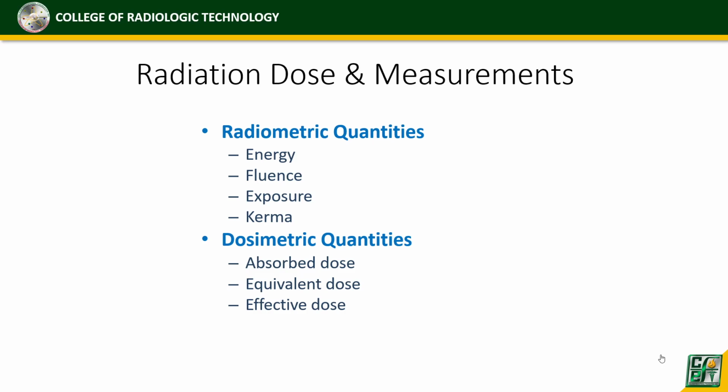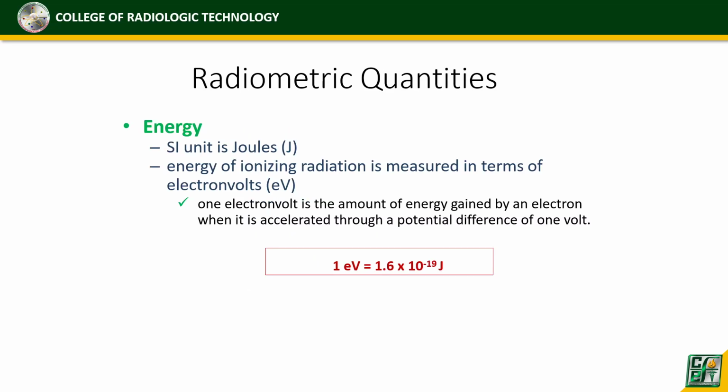Okay, ano yung fluence? Well, we will see in the following slide. Okay. So first of the radiometric quantities is energy. So the SI unit for energy is joules, represented by a capital letter J.